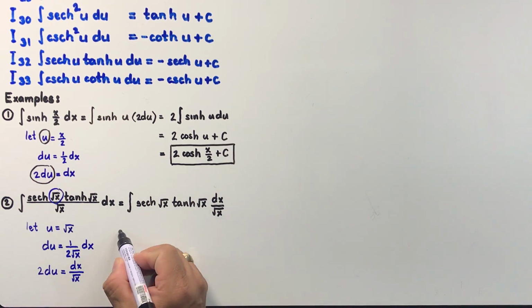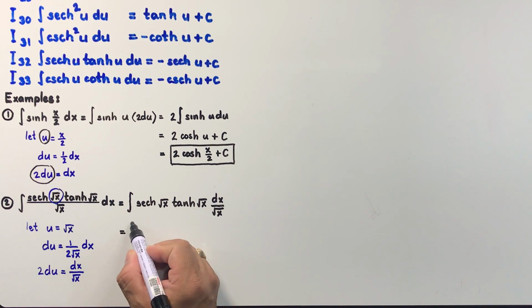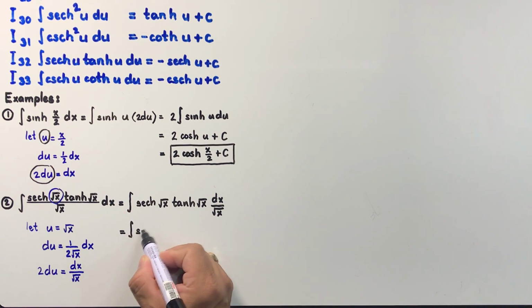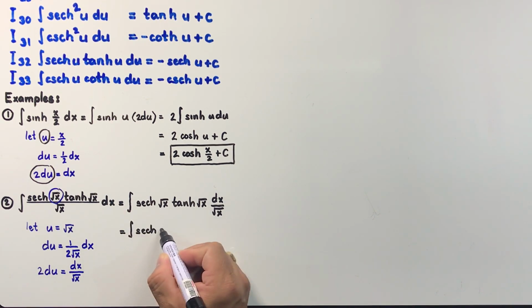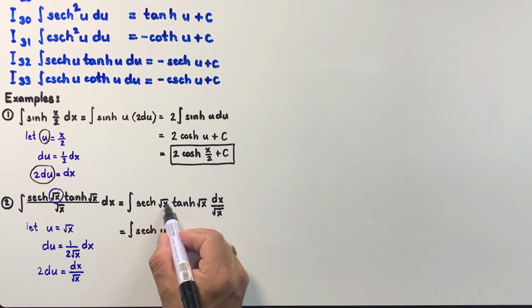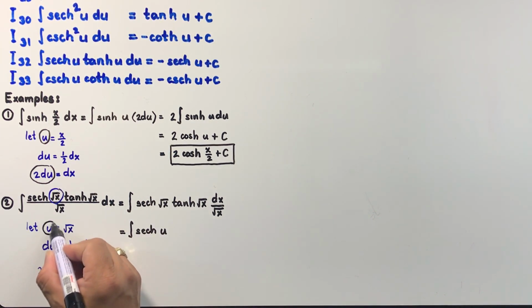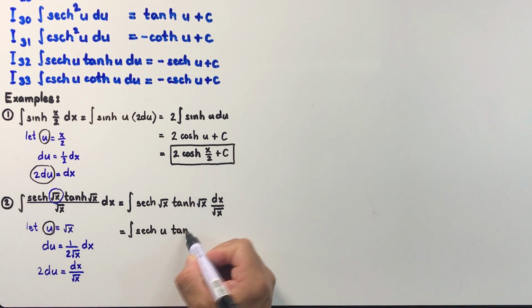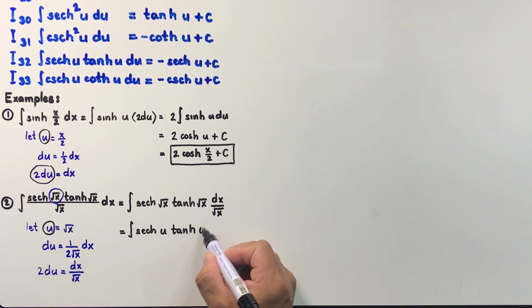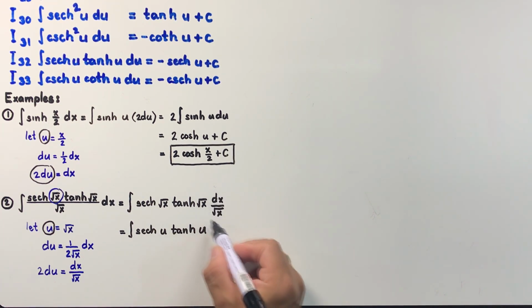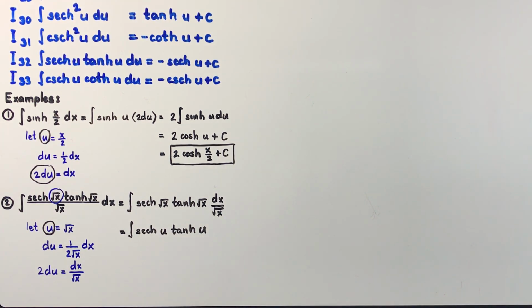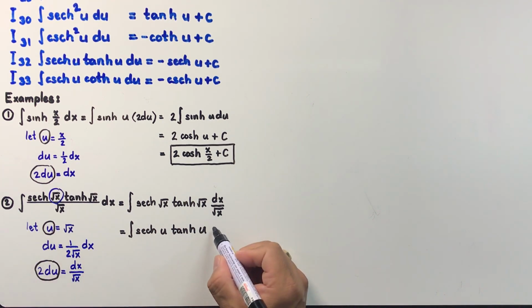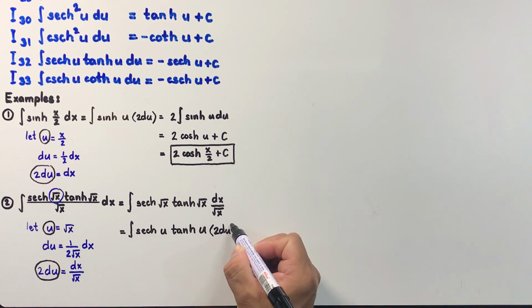So by substitution, we have the integral of the hyperbolic secant of u, because our u is the square root of x, and then multiplied by the hyperbolic tangent of u, and then times this dx over the square root of x, which is our 2 du there. So this is multiplied by 2 du.